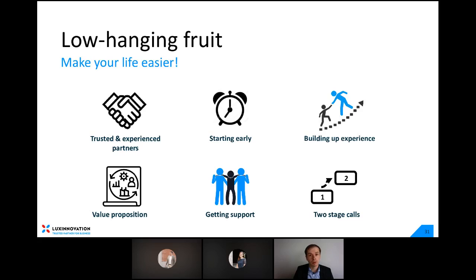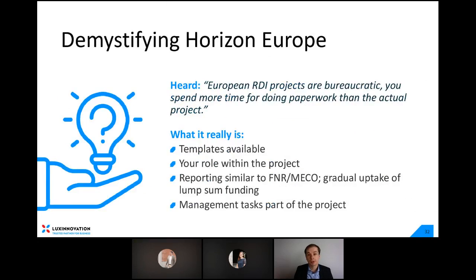Some of these top-down calls are so-called two-stage calls, meaning that there is a first phase and a second phase. In the first phase you only have to submit a smaller proposal to see if your consortium fits the general idea of the topic. And only then, if you're selected in the second round, you have to really spend much more time and energy on it. So it can be a good choice as well to focus your energy, let's say.